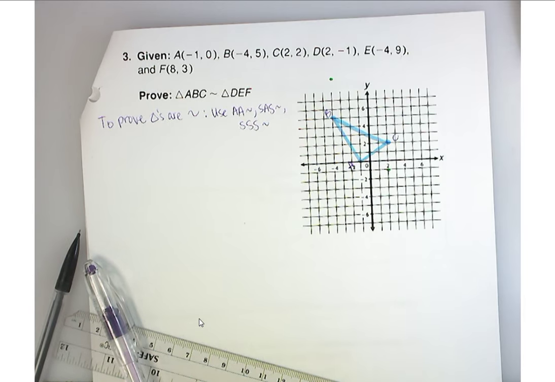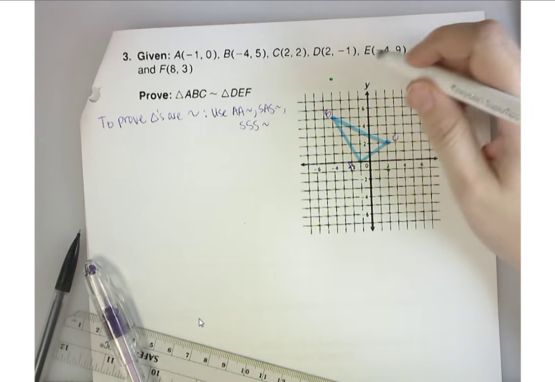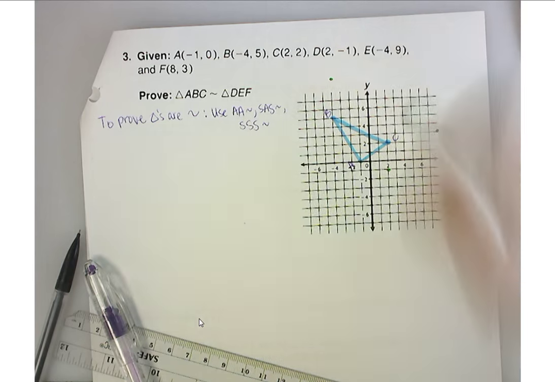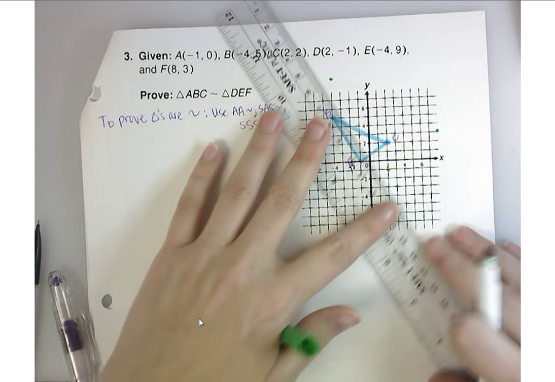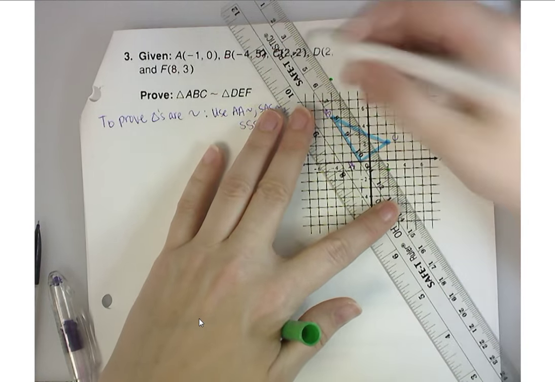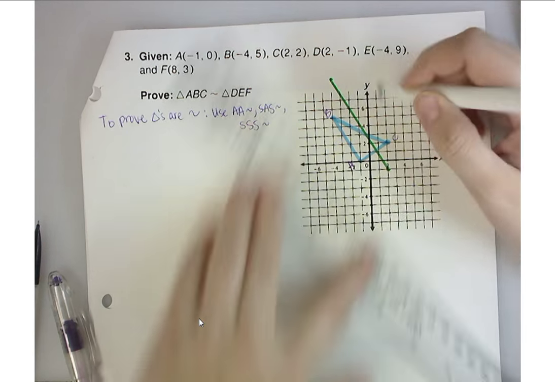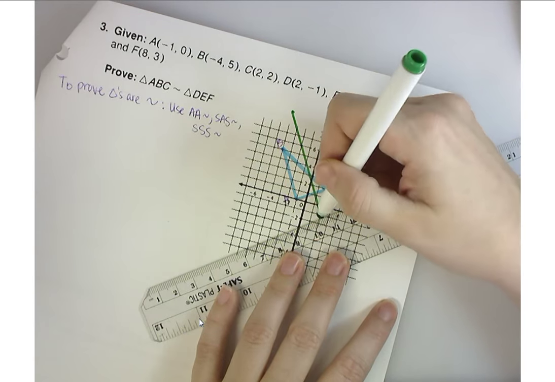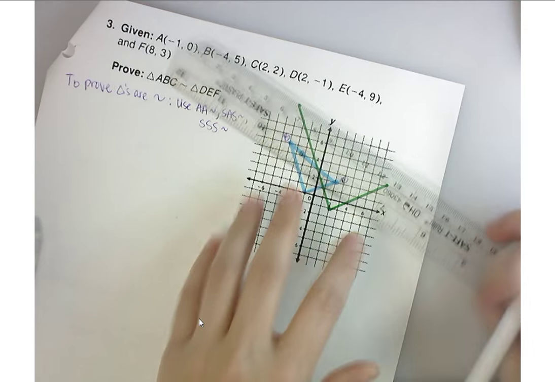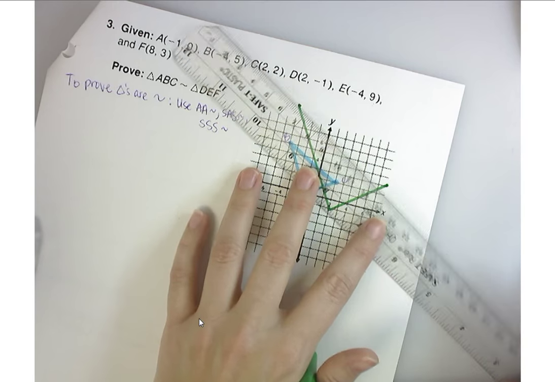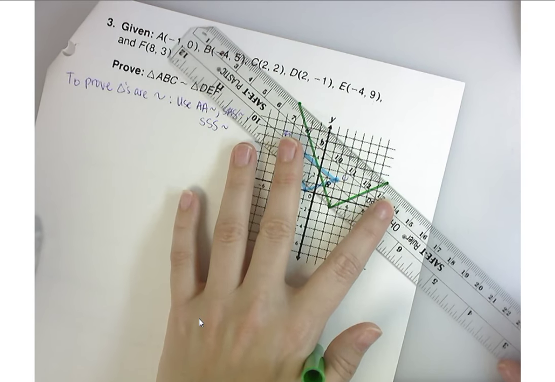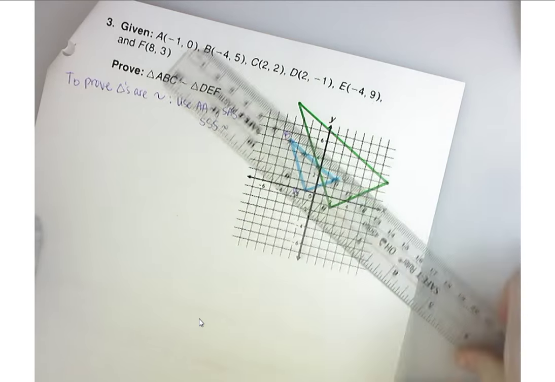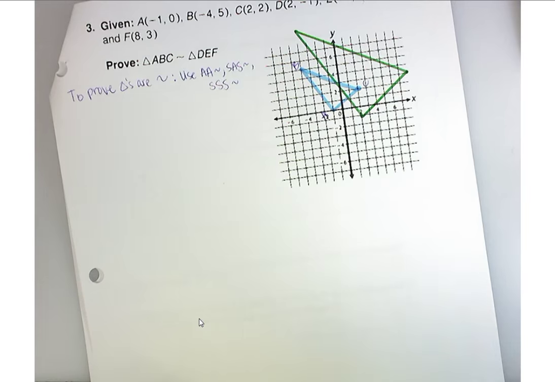It is off the charts. And then F is 8, 1, 2, 3. Alright, and then I just graph D, E, F.